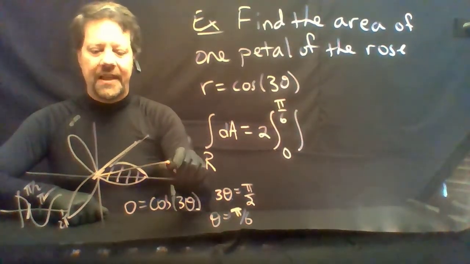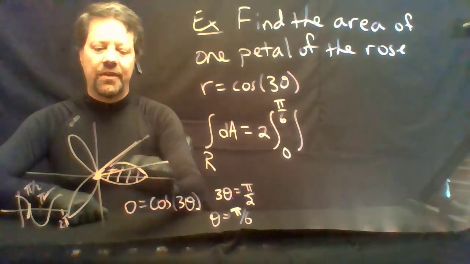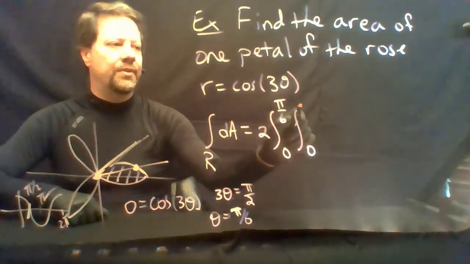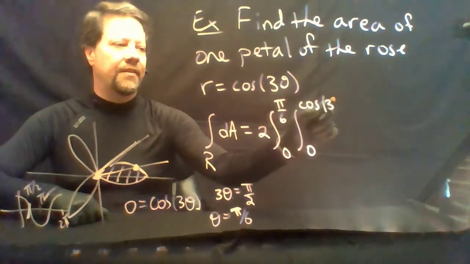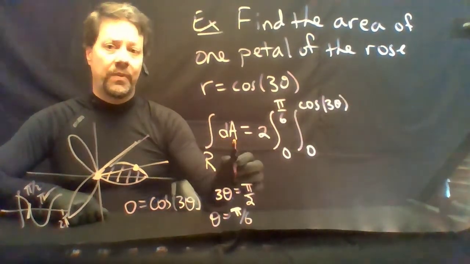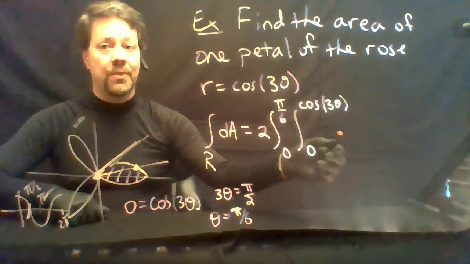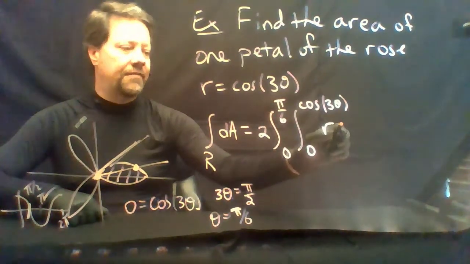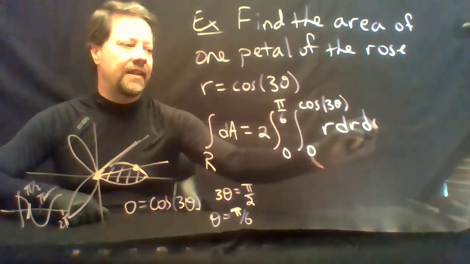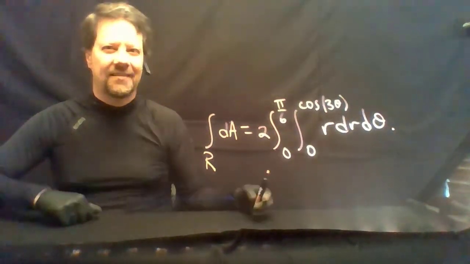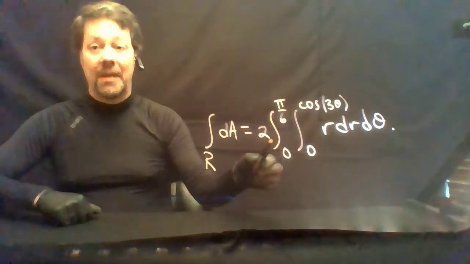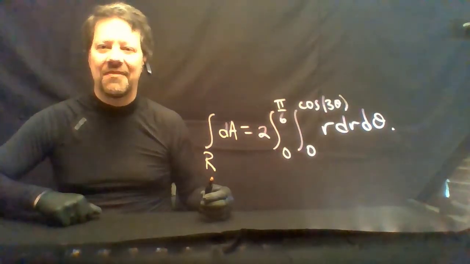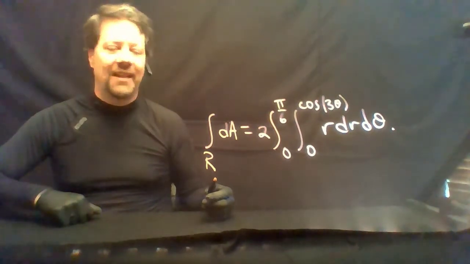For each of those thetas, the radius will go from 0 out to the curve, from 0 to cosine of 3 theta. We are only integrating the area element because we're looking for the area of the region. So the integral will be of r dr d theta. We do not get a pi over 6 for free because we have theta in one of the limits of integration. We have to integrate this straight up.